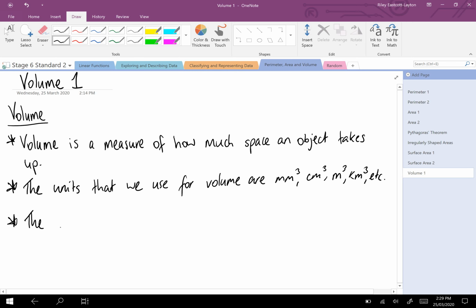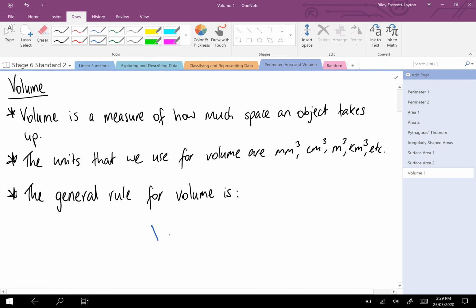The general rule for volume is: volume equals the area of the base times by the height of our prism.